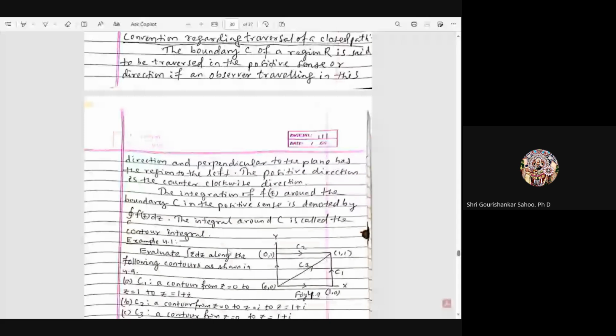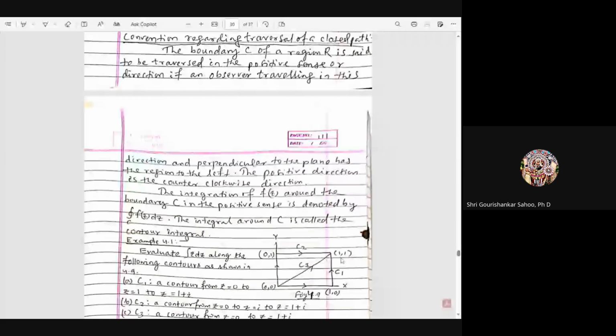Then the convention regarding traversal of a closed path. This is an important thing. A boundary C of a region R is said to be traversed in the positive sense if an observer traveling in this direction, perpendicular to the plane, has the region to the left. The positive direction is counterclockwise. Counterclockwise, anticlockwise direction is positive.